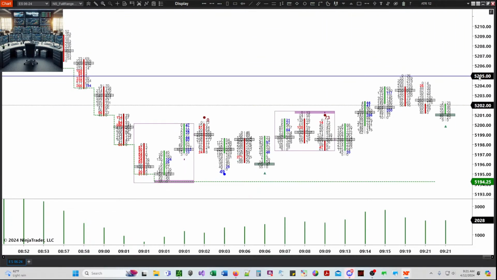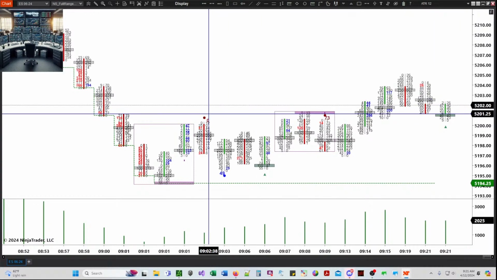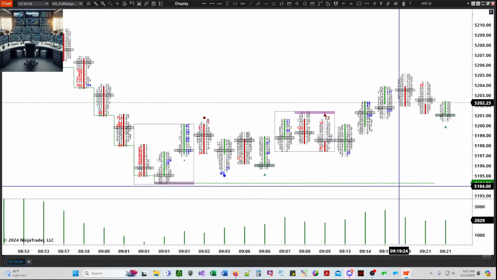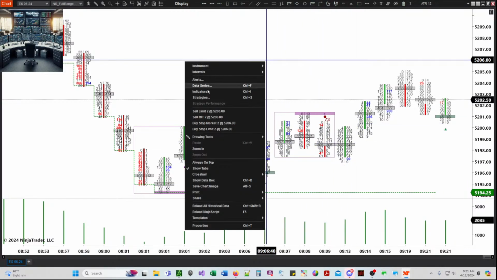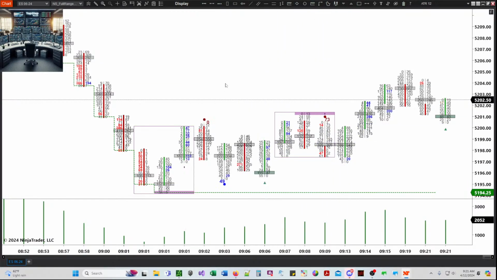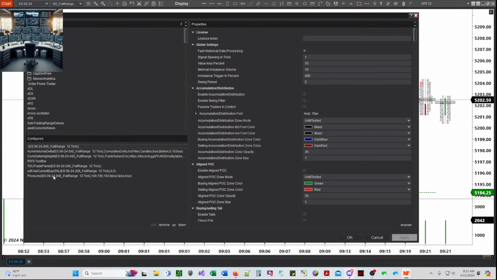Then he has another signal on here called Retail Sucks, and these signals come in at swings. So the ratio I got it set like when you go into the settings, let me show you exactly what he has in his settings.